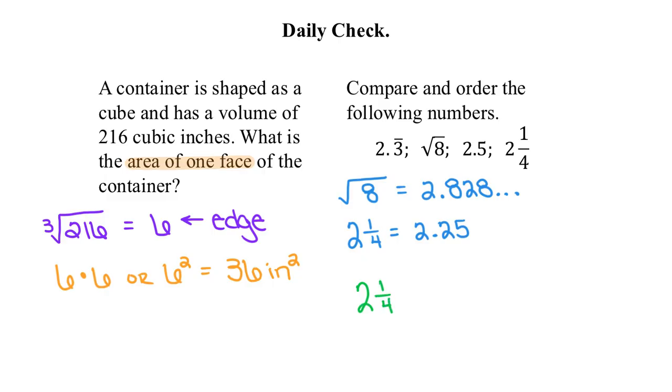Then 2.3 repeated. Now that's 2.3 repeated. Okay. And then 2.5. Okay. And then the square root of 8. Good. And notice when he did it, he corrected himself and he put everything back in original form to do that. Very good.